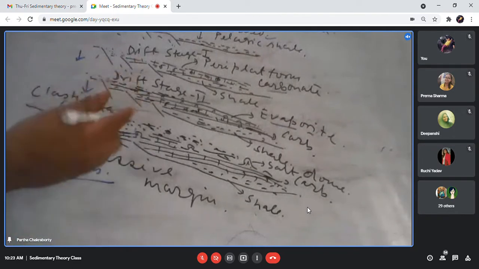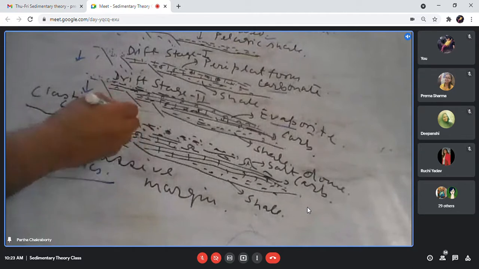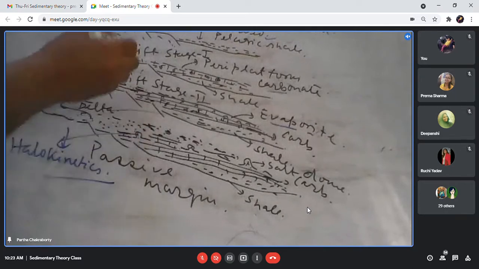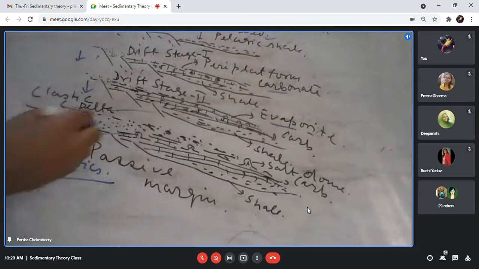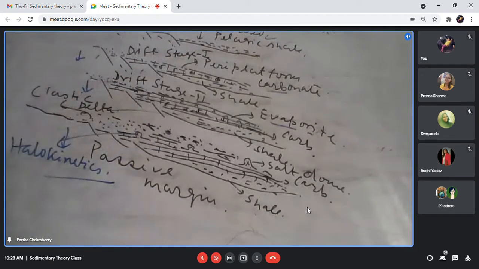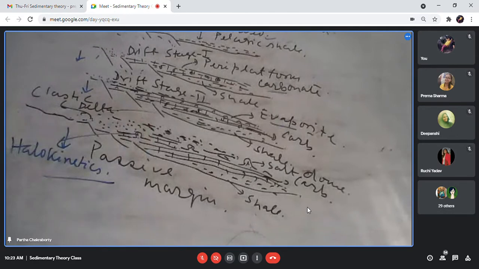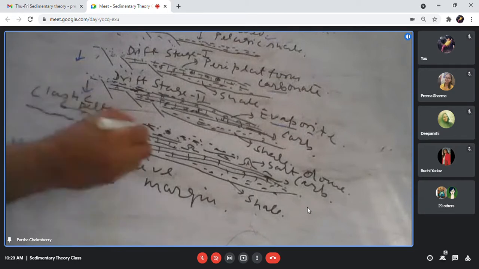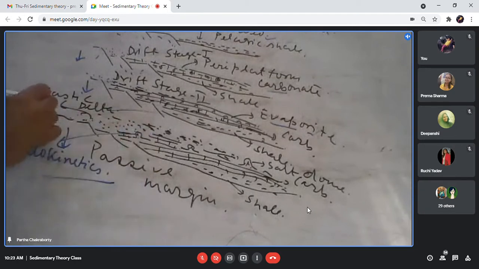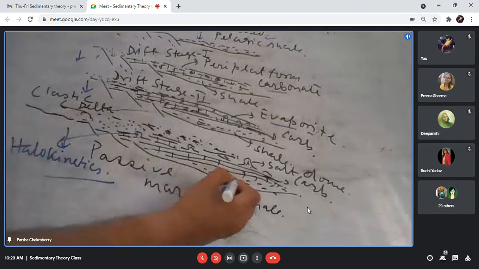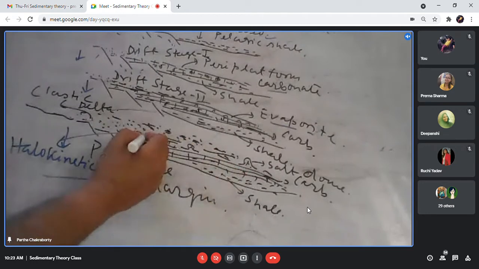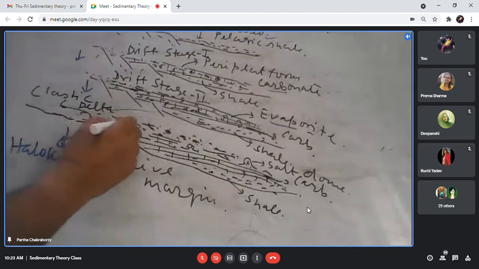The salt dome, because of its lower density with respect to the clastics above it, will try to go up in the form of salt dome. And many of the salt domes also form some beautiful stratigraphic traps in these deltas. So you can see the beautiful situation: you have the pelagic shell, you have carbonate, you have the evaporite, and then the clastic delta.